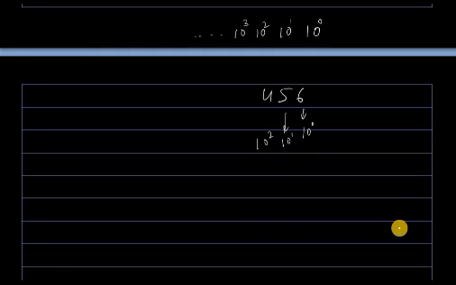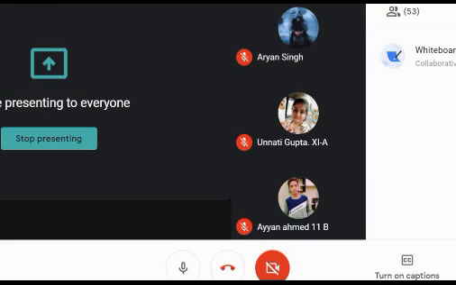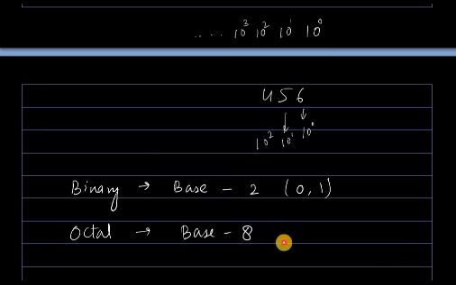Except decimal numbers, I have also told you about binary numbers, which are used by the computer. The base of this number system is 2, and it has members 0 and 1. So in a binary number there can only be two digits, 0 and 1. Similarly we talked about octal numbers also, which have base 8, so the digits in an octal number will be from 0 to 7.